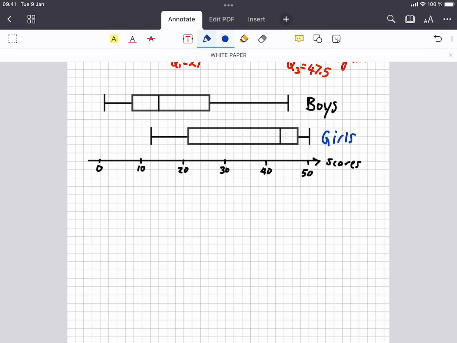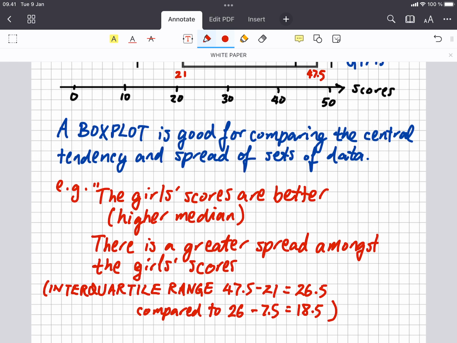So let's just write that down. We can write that a box plot is good for comparing the central tendency and spread of sets of data. So in an exam situation, you might be asked to compare two groups, the boys and the girls.